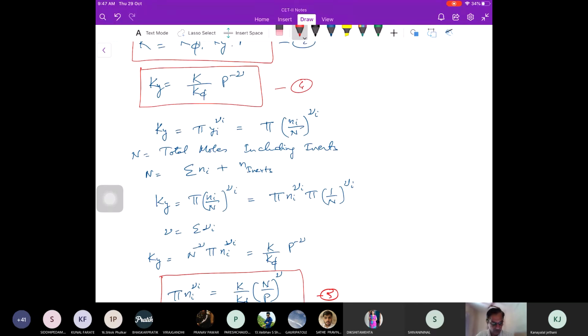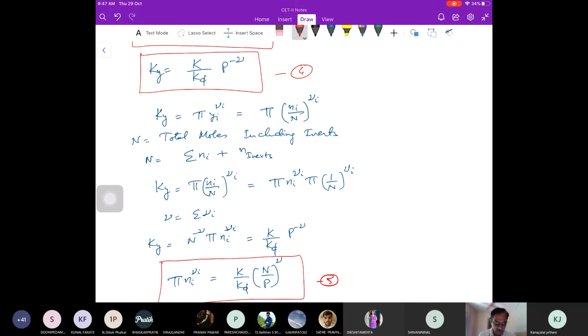So inerts will come in. So n is nothing but summation of Ni, all the reactants, plus number of moles of inerts. Okay, so if you put in this one, Ky is equal to pi of (Ni by n) raised to the power of nu I. If you separate it, you get pi of Ni to the power of nu I and pi of 1 by n raised to the power of nu I. Right? We separated it, made the numerator and denominator into two terms.